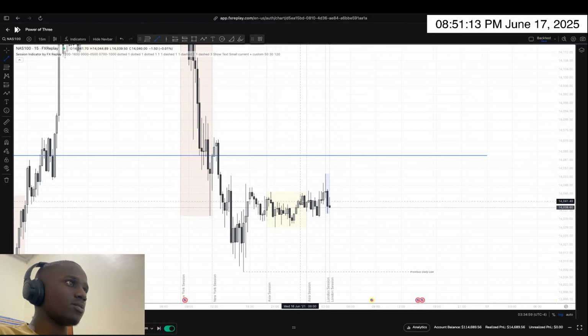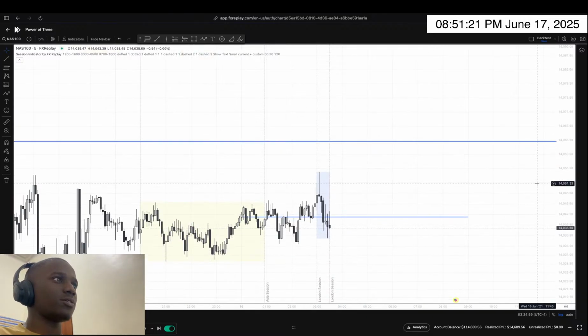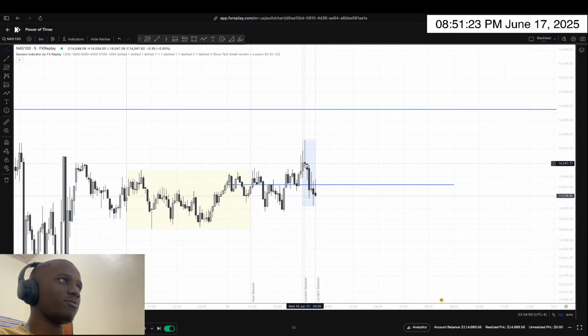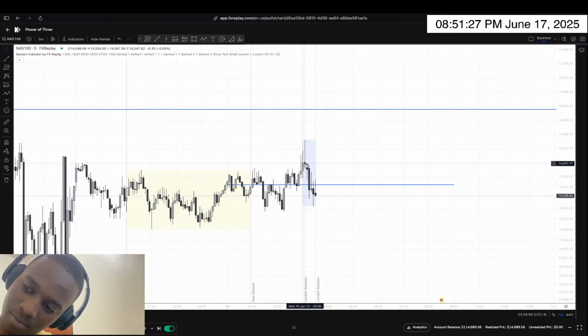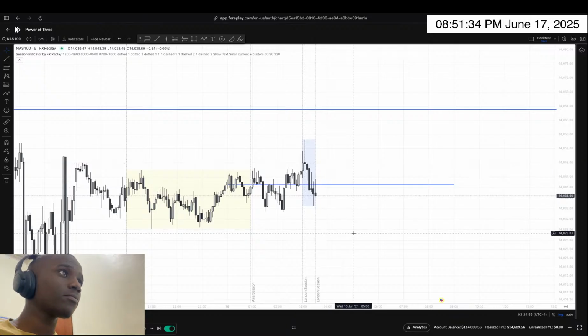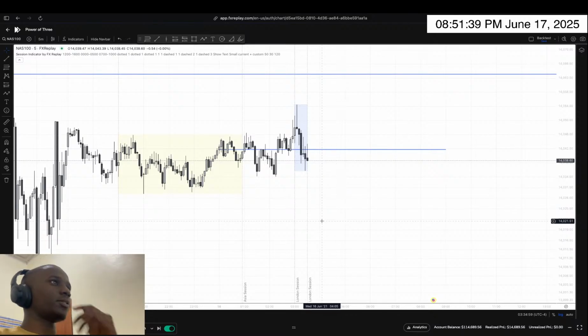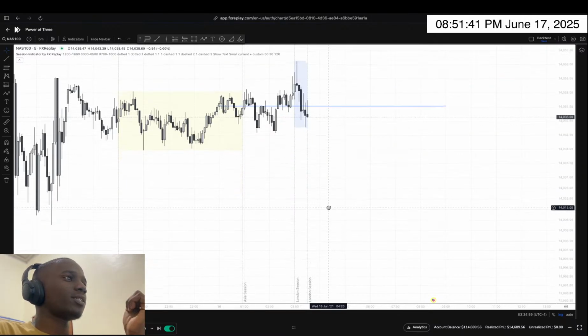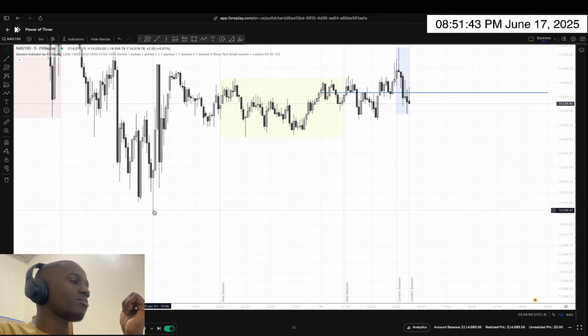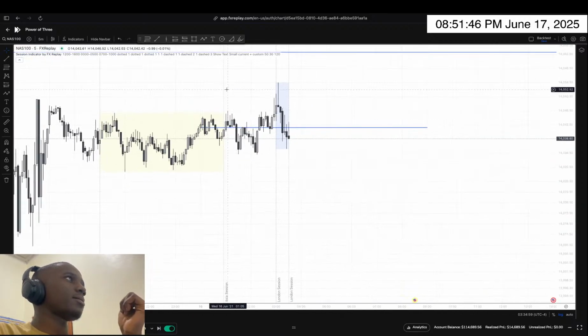This is our open, and what I would like to see is this drop until we reach at least the previous day low. I think it's this one because we're on Wednesday. And this will be our target.